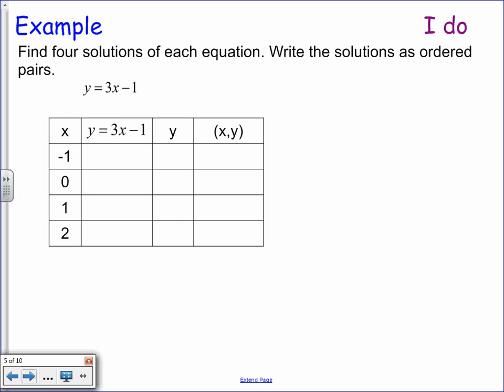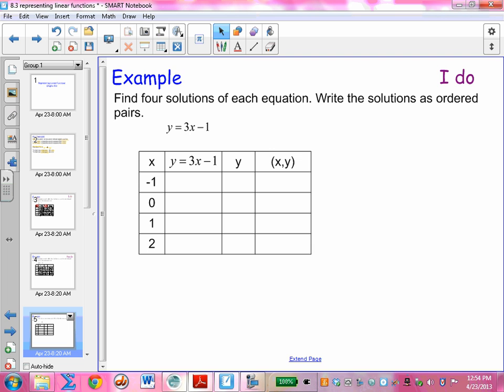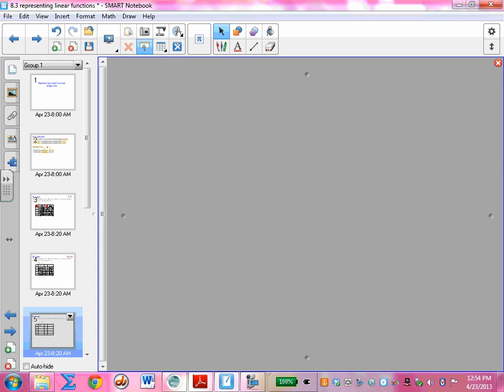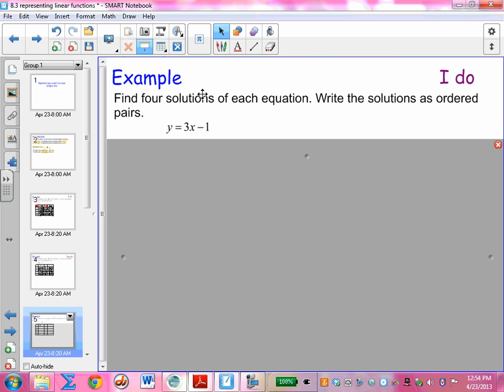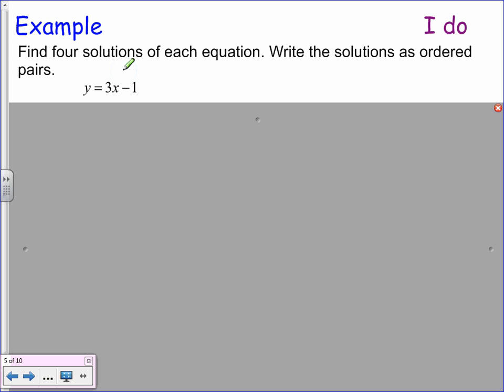Okay, so again, here we've got to find 4 solutions of each equation. So on your example, in your homework, you will only be given this portion right here. So it's just going to say write 4 solutions of each equation and write the solution as an ordered pair. So you'll be given y equals 3x minus 1.